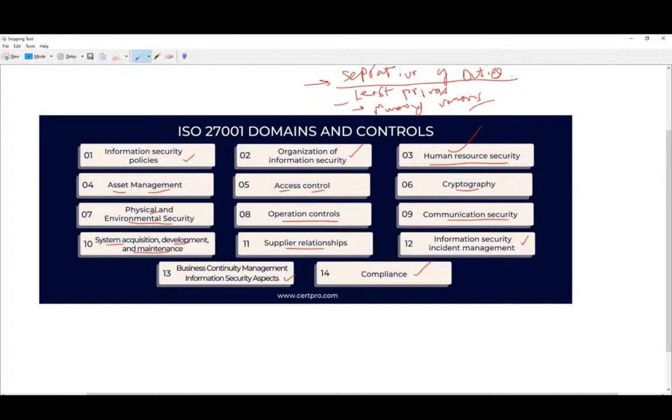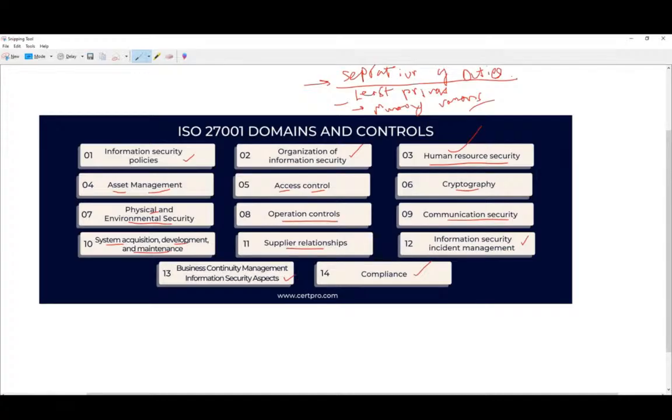It's like a physical control: you cannot trust one particular person in the company. So separation of duties is a very important thing companies do.